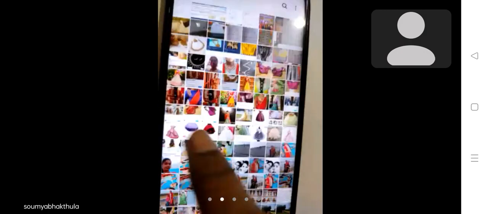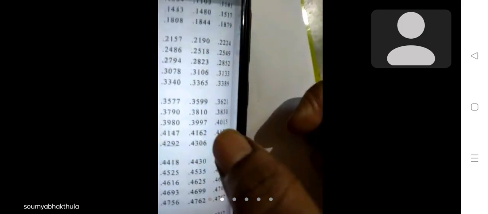Okay, where is 0.4? The starting one, where is 0.4? Here you have that. The last one, 0.4015. 0.4, right? 0.04 means, the one is 1.2 and the last one is 9. So 1.29.